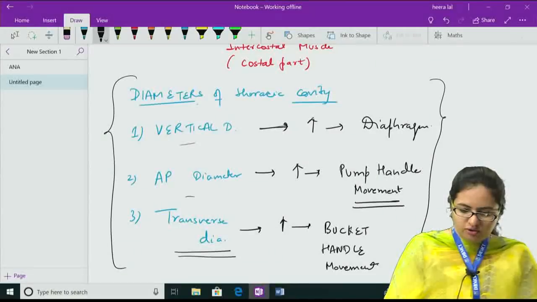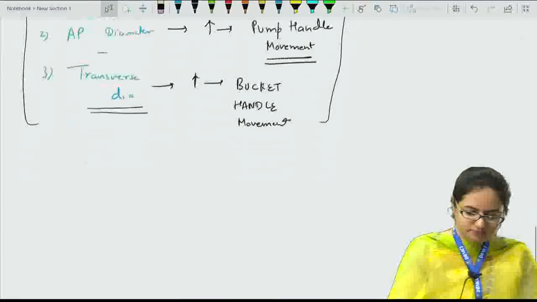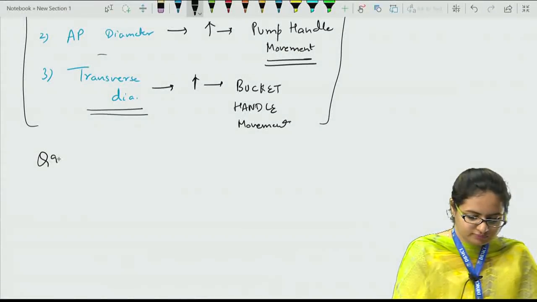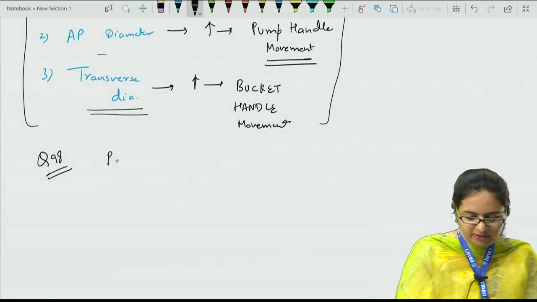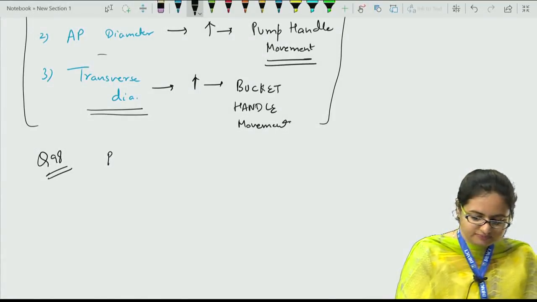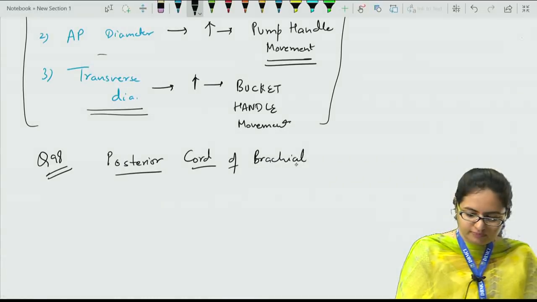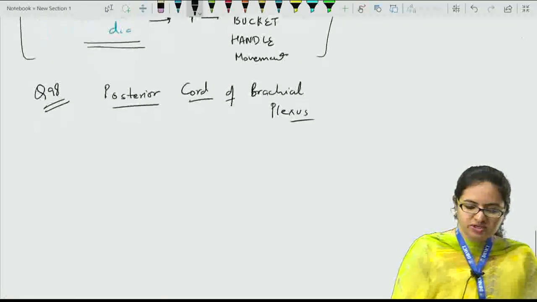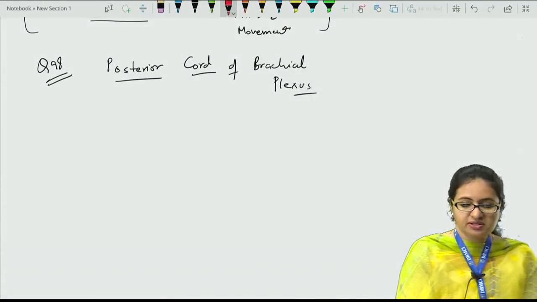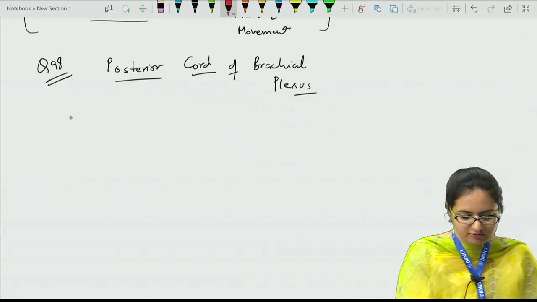If we talk about the posterior cord of the brachial plexus, the branches which are given by it are the upper and the lower subscapular nerve.